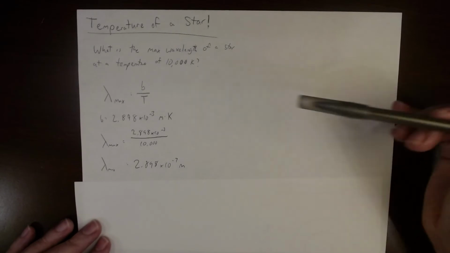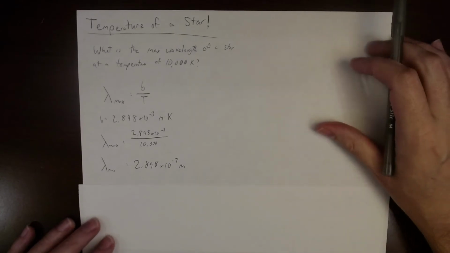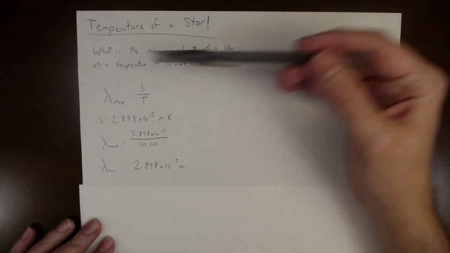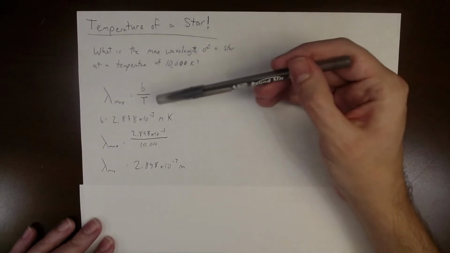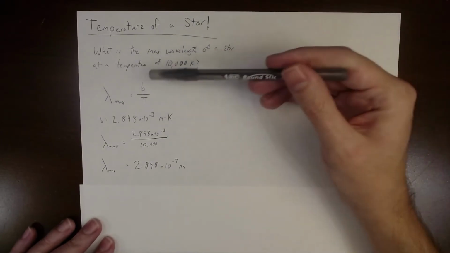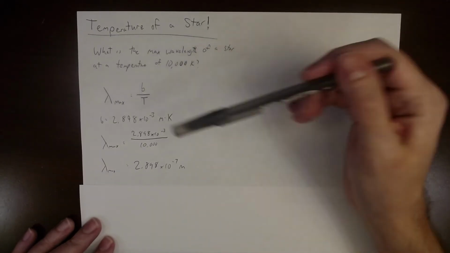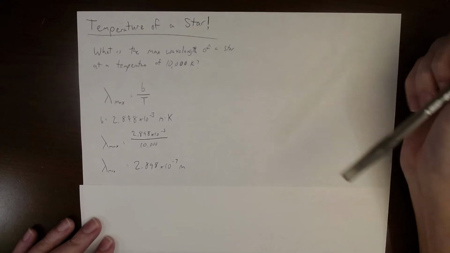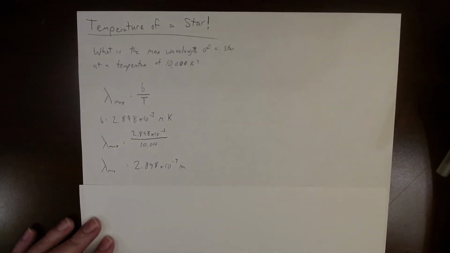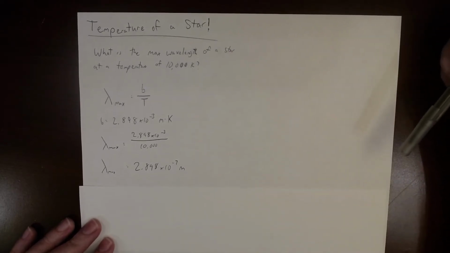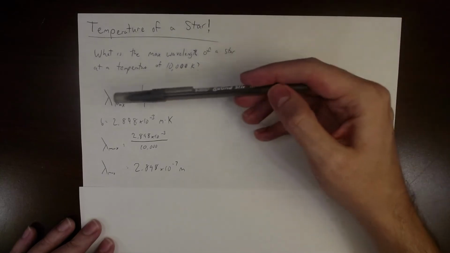This is just one way that I could give you a problem like this. I could have given you lambda max and asked for T if I gave you B. Or I could have said, here's lambda max and here's T. Tell me what B is. That's another possibility. That's actually how scientists originally discovered what B is equal to.